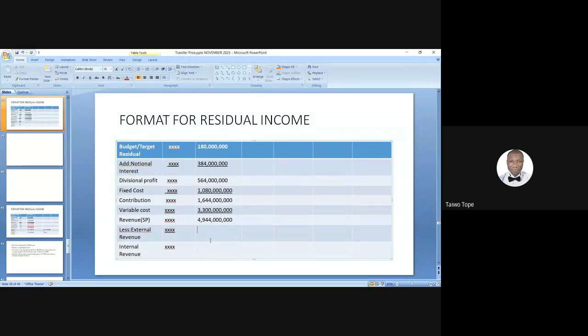So that will give us 3 billion 850 million, not thousand.